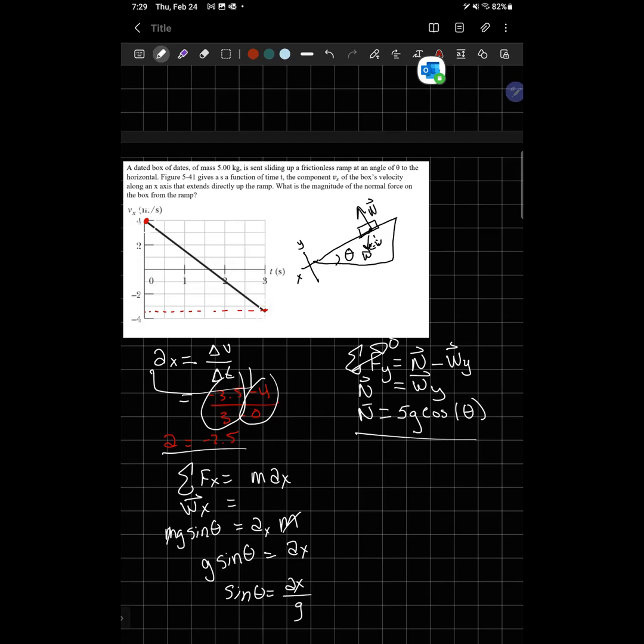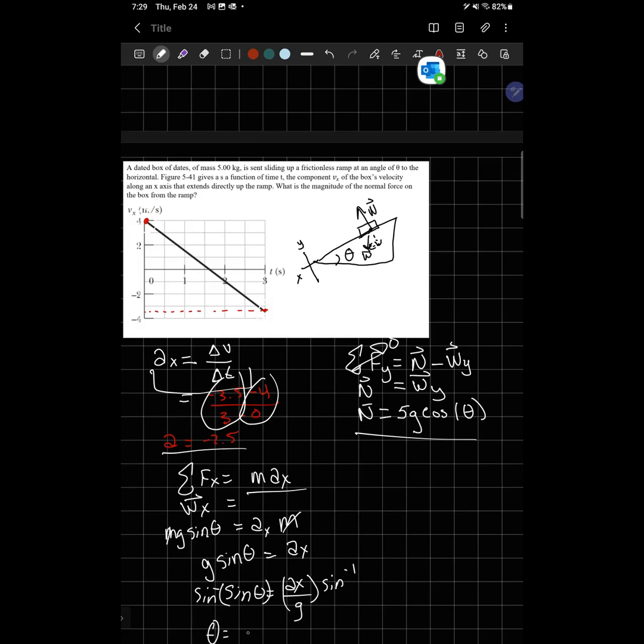So plugging that in for my sum of forces, force is equal to ma, which is going to be m times the a in the x, which is going to be equivalent to my weight. And then I can use inverse sine on both sides to solve for theta.